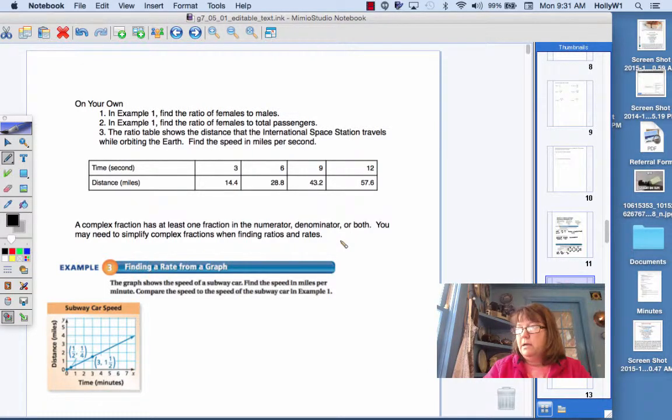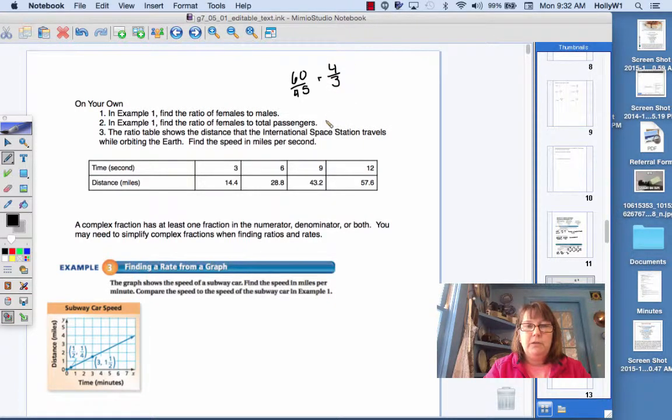Hi, welcome back. So in this case, when we were finding the ratio of females to males, you just invert it. We have 60 females and 45 males, and we divide both sides by 15, so we get 4 females for every male.